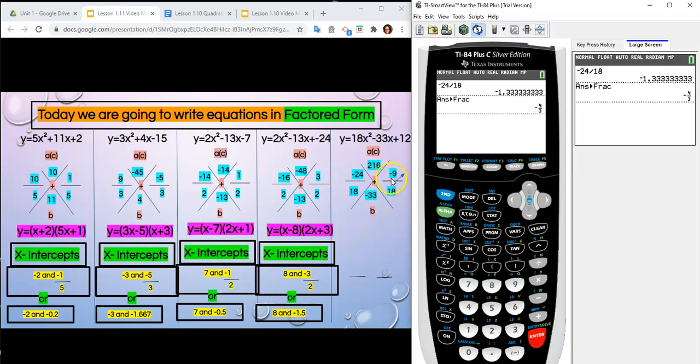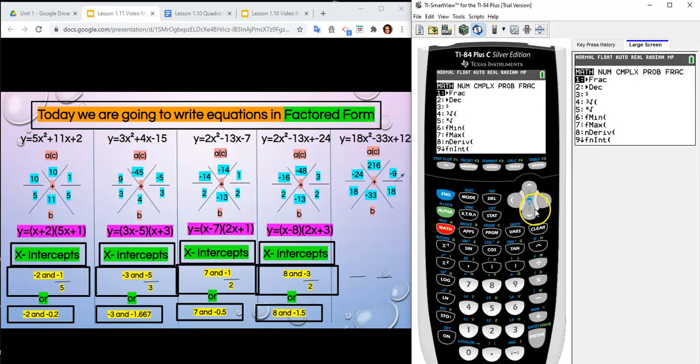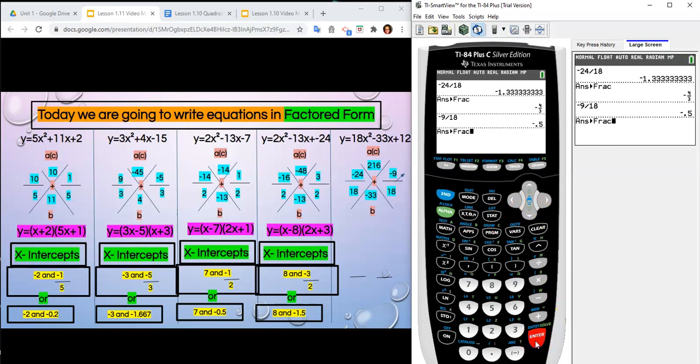Now I'm curious about the other one. So I'm going to take negative 9 and divide that by 18 as well, and hit enter. Of course that is a fraction, and you might know how to simplify that automatically.